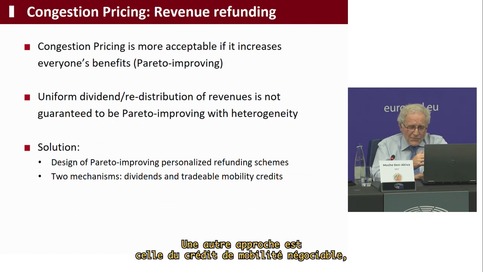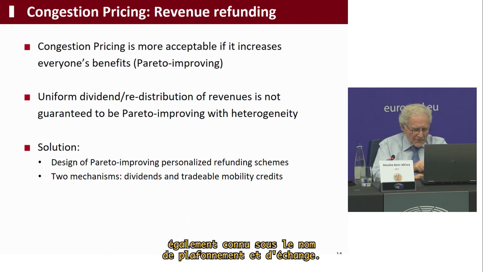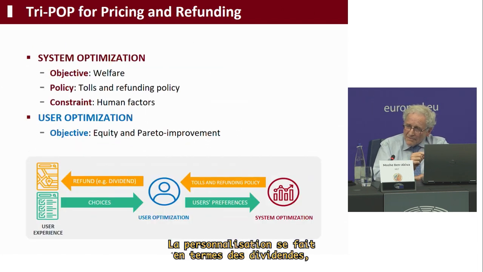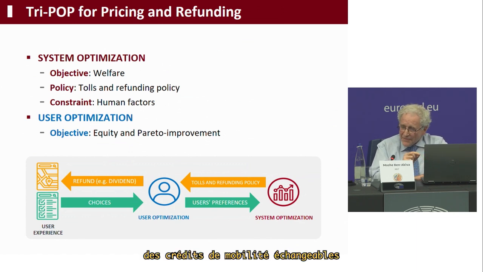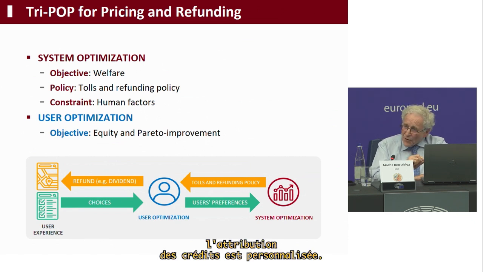Another approach is called tradable mobility credits, which is essentially cap and trade. So the personalization is in terms of the dividends, or in the case of tradable mobility credits or cap and trade, the allocation of credits is personalized.